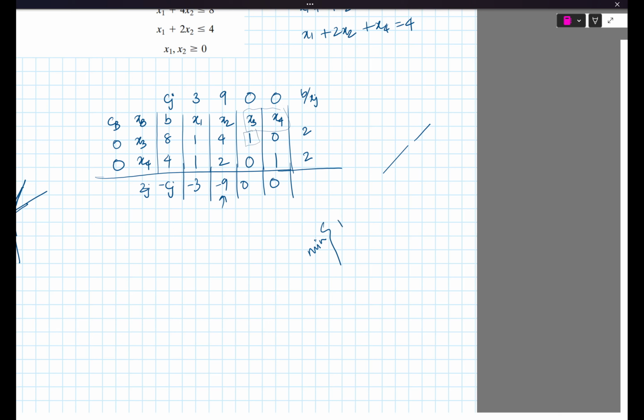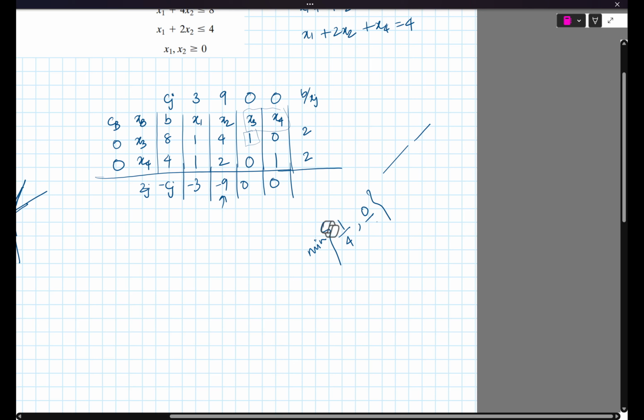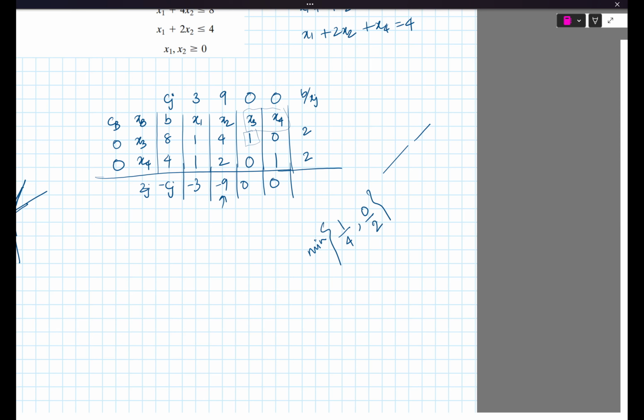So I'll get 1 by 4 and 0 by 2. The minimum is 0 by 2, so I'll choose that as my departing variable. This is for x4.